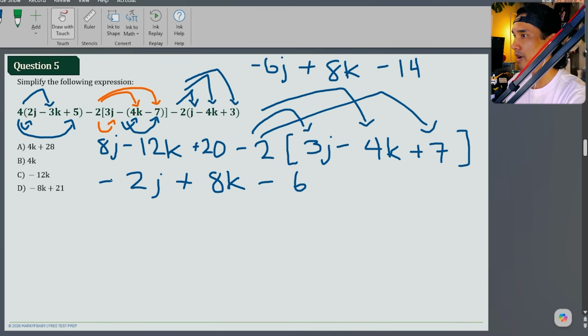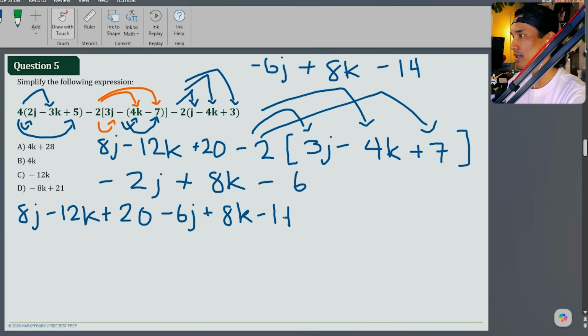Okay, now I'm going to rewrite everything. So now I have 8j minus 12k plus 20 minus 6j plus 8k minus 14 minus 2j plus 8k minus 6.